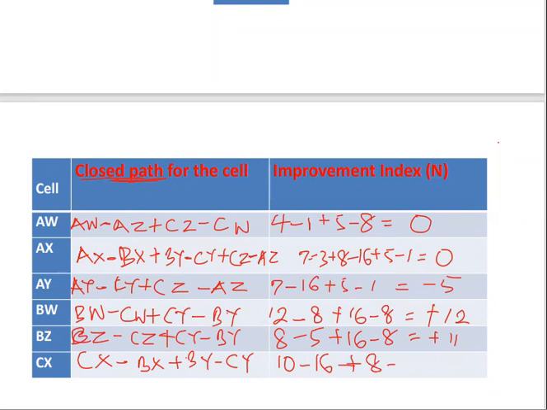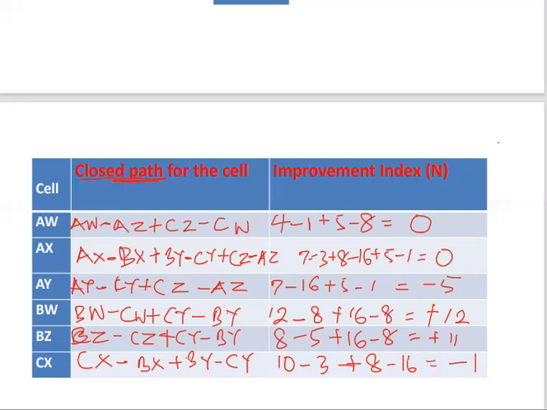BX is 3, not 16. It's 10 minus 3 plus 8 minus 16. It's the same thing, but if you are following either route, okay, BX is 3. All right, like this, right? Yes. So that equals -1.